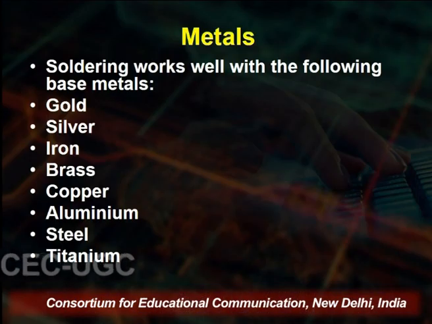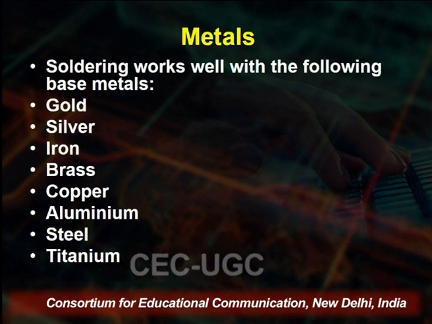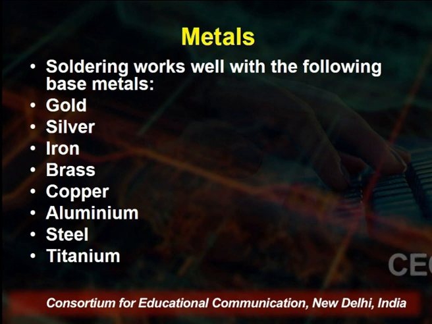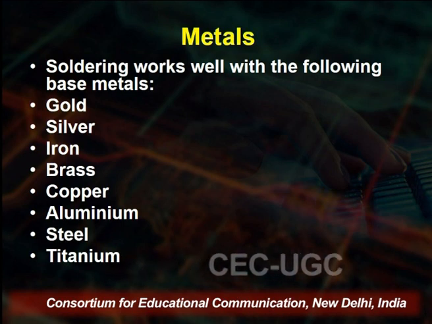So what metals do we use in soldering? There are different methods which we use in soldering. Soldering works well with the following base materials: gold, silver, iron, brass, copper, aluminum, steel and titanium. These are the metals generally used for soldering.